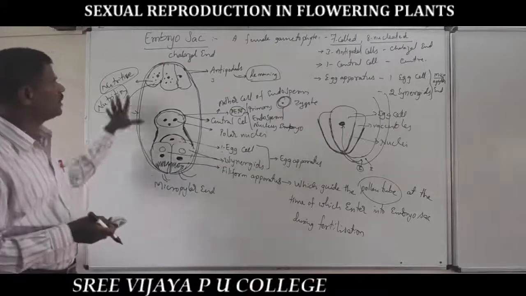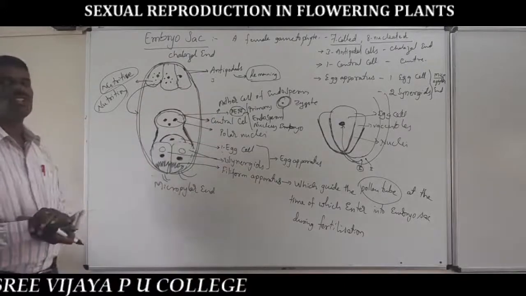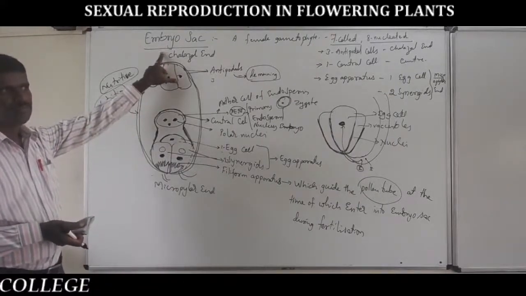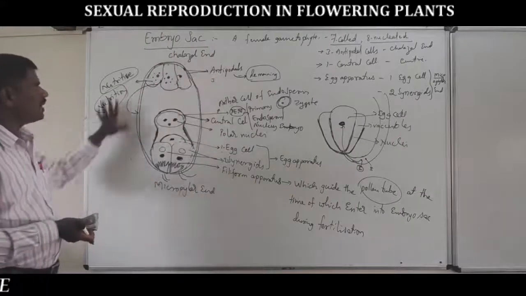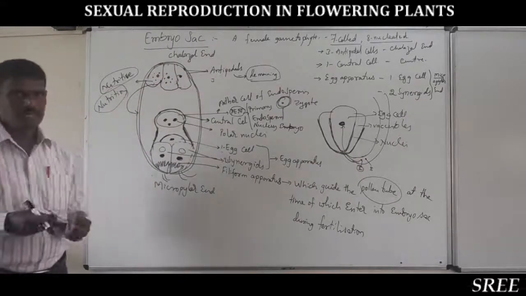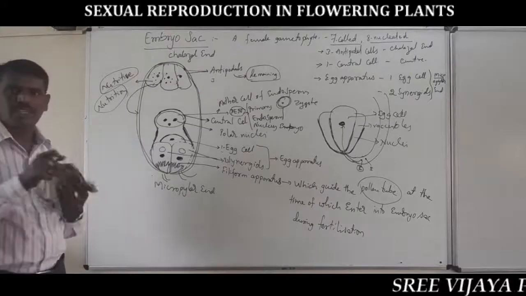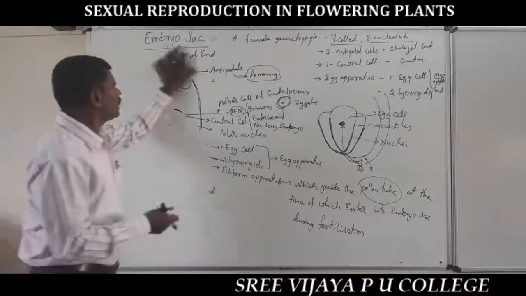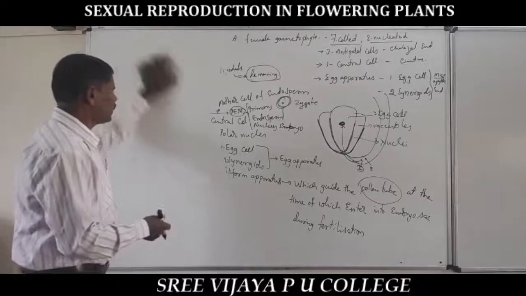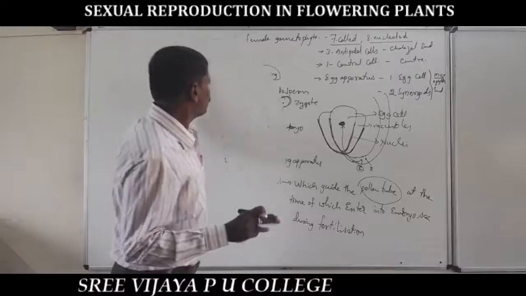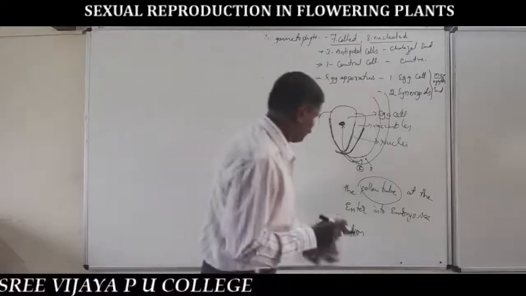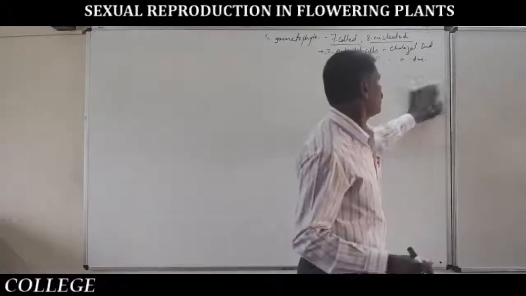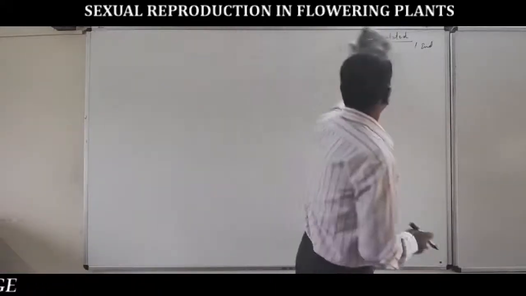So that is the detailed structure of the embryo sac. How is the embryo sac developed? The embryo sac is developed inside the nucellus cells. As we previously discussed, there is the structure of the ovule.